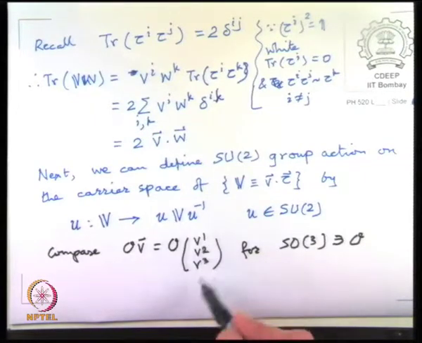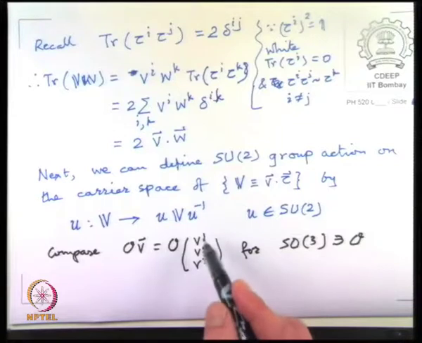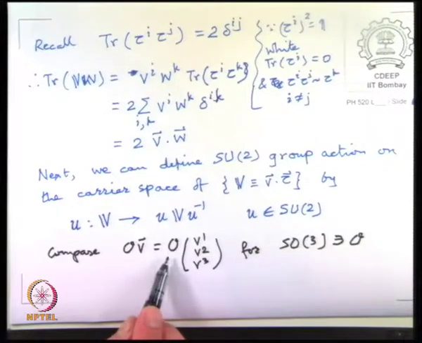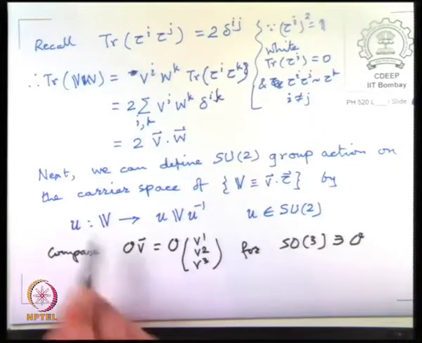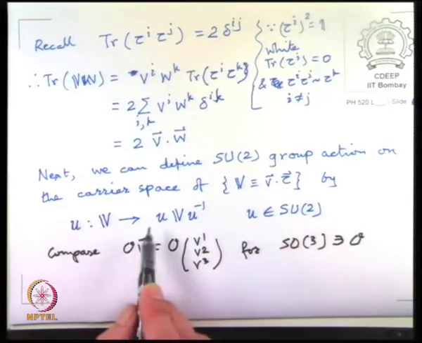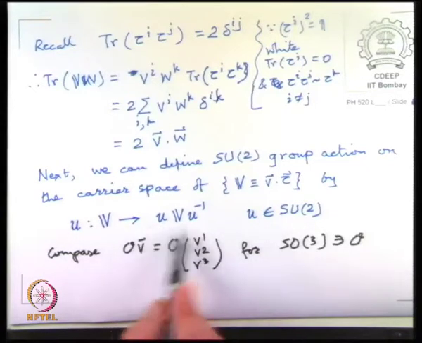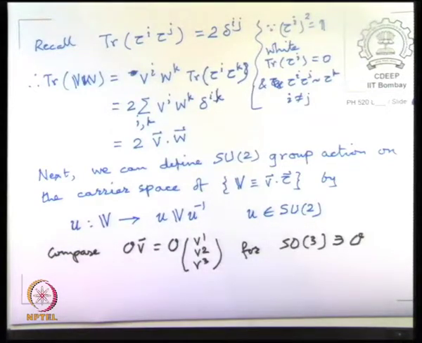So these same real numbers V1, V2, V3, which appeared as column vectors and with one helping of O, are now transforming here by two helpings of U. If you have an SU2 element, then there is an adjoint action, or an action like a similarity transformation.